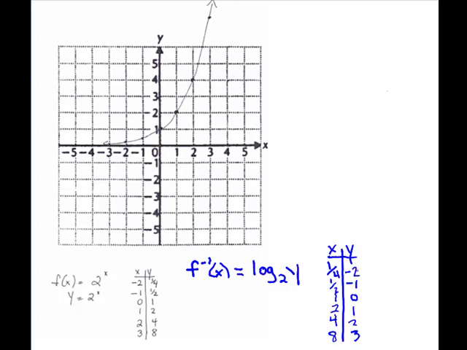Let's graph that. So we have 1/4, -2. We have 1/2, -1. We have 1, 0.